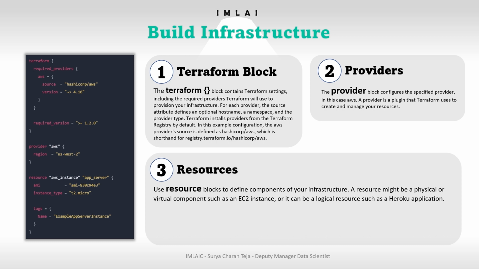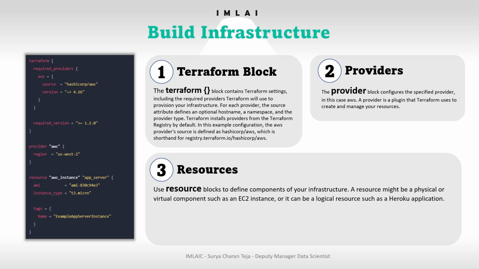Finally, the resource block contains arguments which you use to configure the resource. Arguments can include things like machine sizes, machine disk image names, here the disk image name AMI, and then machine size, that's t2.micro, or VPC IDs, virtual private cloud IDs.